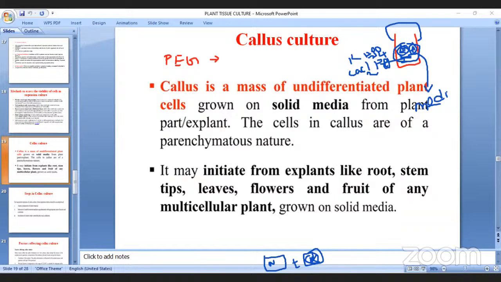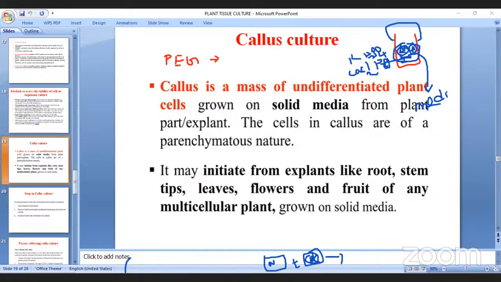It means that in the male reproductive organ, the pollen grain of tobacco, for example, in each cell the nucleus, cytoplasm and cell wall are present. But in tobacco, the nucleus is inactive and it shows sterility. So that's why this can be used for hybrid formation.